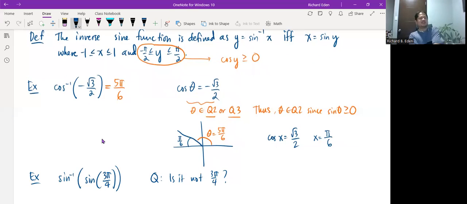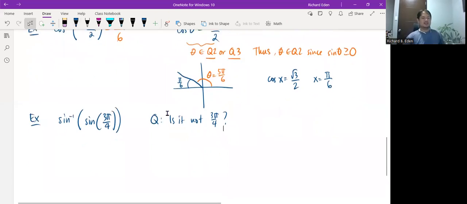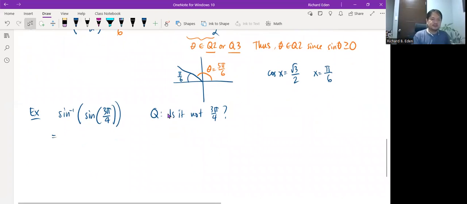I think we discussed this paradoxical situation a couple of days back. The answer is not necessarily going to be 3 pi over 4. Well, it could be, but let's see. So first off, what is the sine of 3 pi over 4?